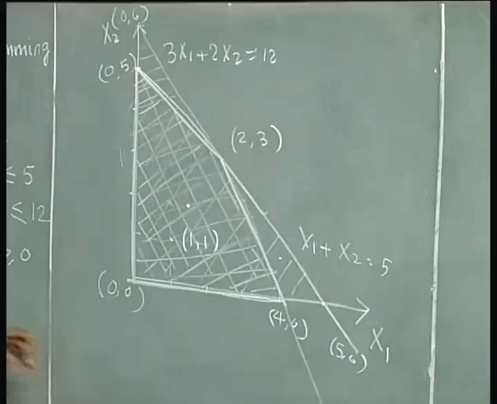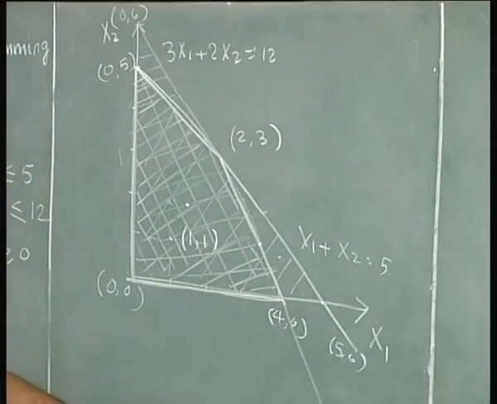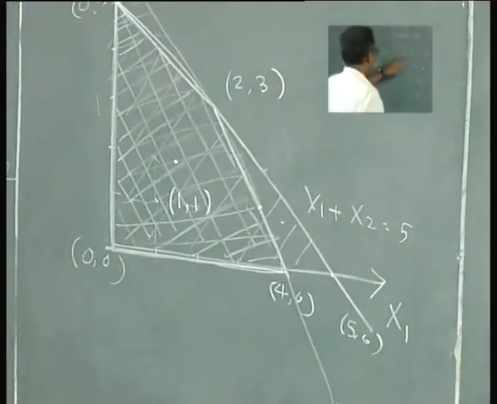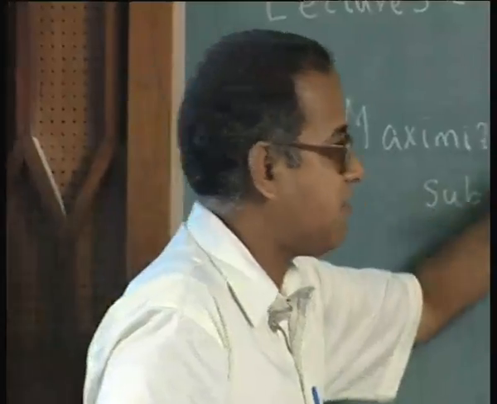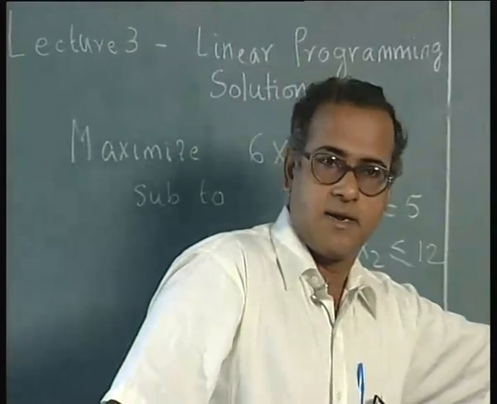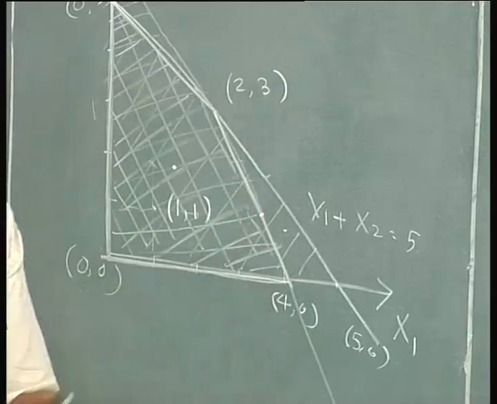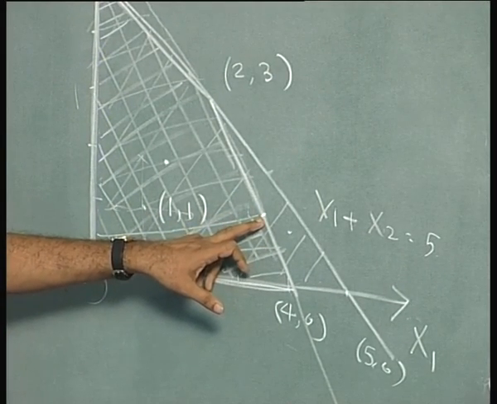Now let us look at a point on the boundary. For example, we consider this point. Now, with respect to this point, if we draw this objective function line, the slope of the objective function line being different from the slope of this line, we can always show that a point which is above or below will be superior with respect to this objective function.